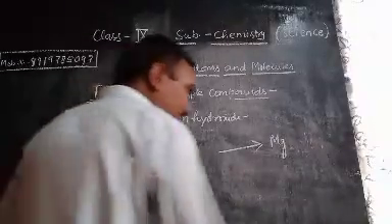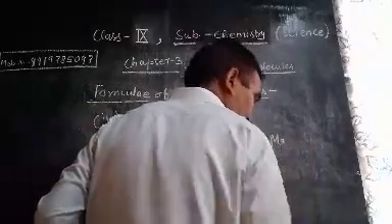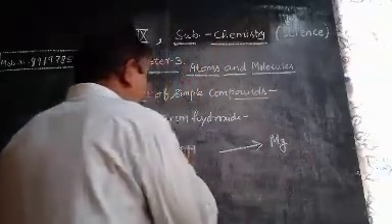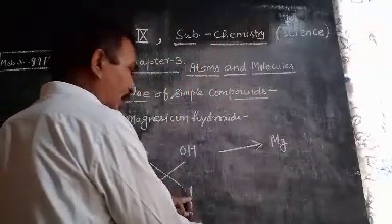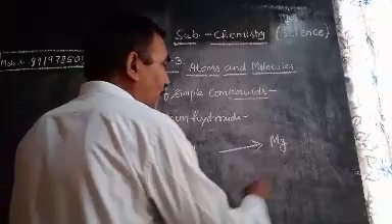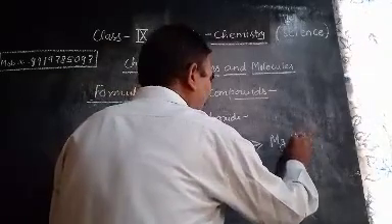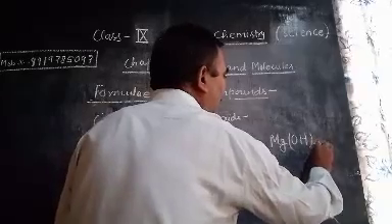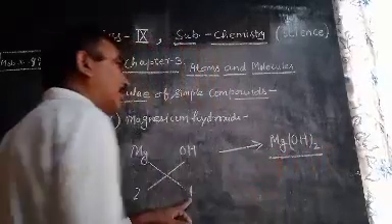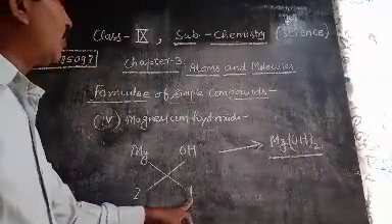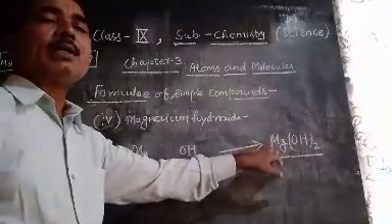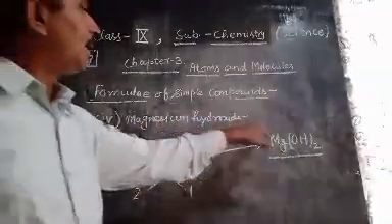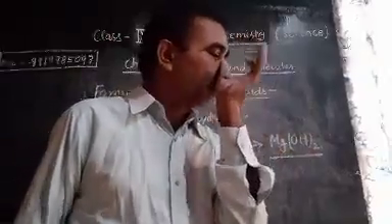Only 1 magnesium and 2 divided by 1. Answer will be 2. That expresses 2 OH. 2 hydroxyl ions will be attached with magnesium, and the molecular formula or unit formula of magnesium hydroxide is Mg(OH) whole twice.